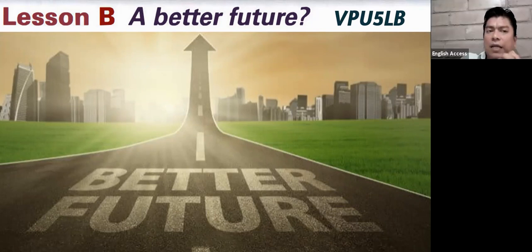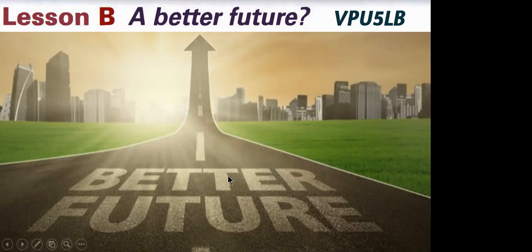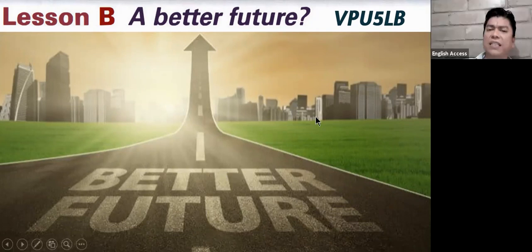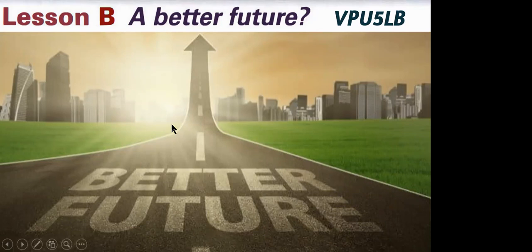We're going to start the new lesson, lesson B, a better future. And maybe you want to have your notebooks and a pen or a pencil available to make some notes. Are you ready? Yes. Perfect. So what do you guys see on the screen? A street.